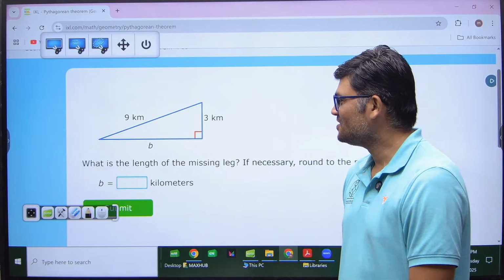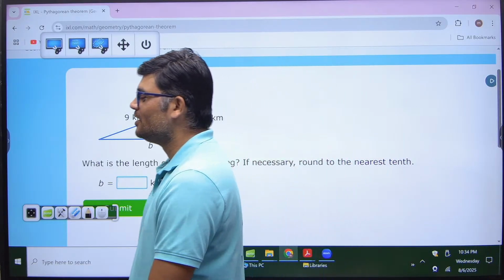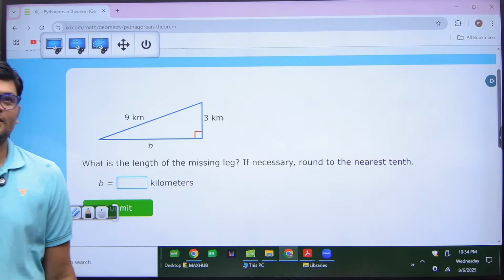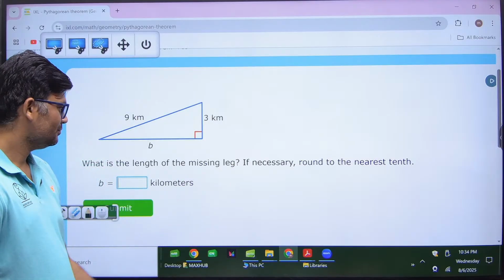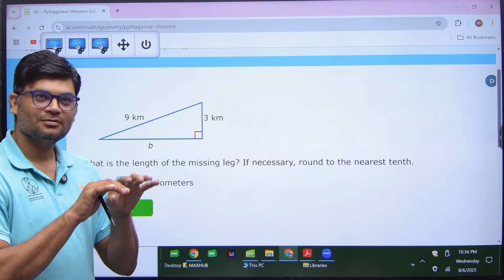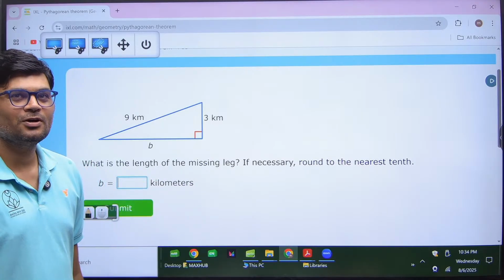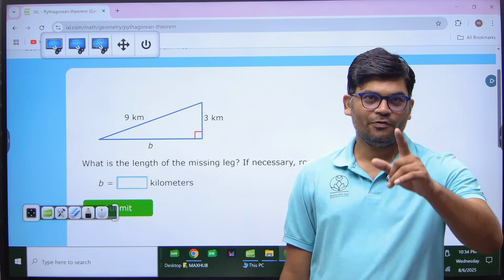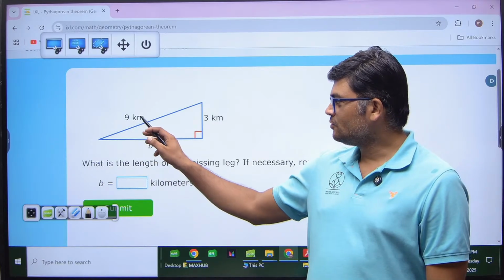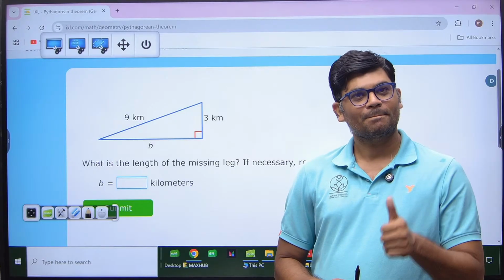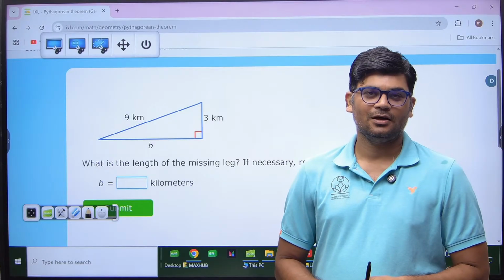Okay. This one doesn't belong to any Pythagoras triplet. So the square root you have to find with the help of the calculator. Without a calculator you can't do this. Oh, okay. So how will you do it? First, listen to me. 81 minus 9. Under root 72.